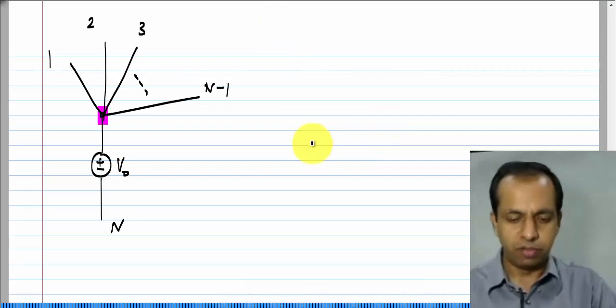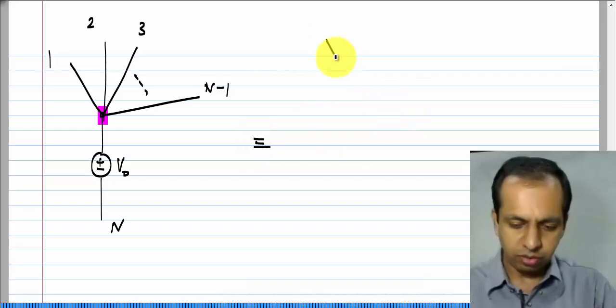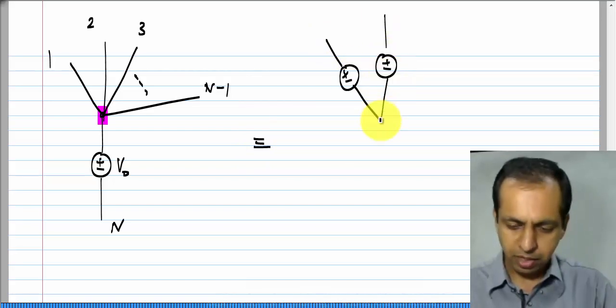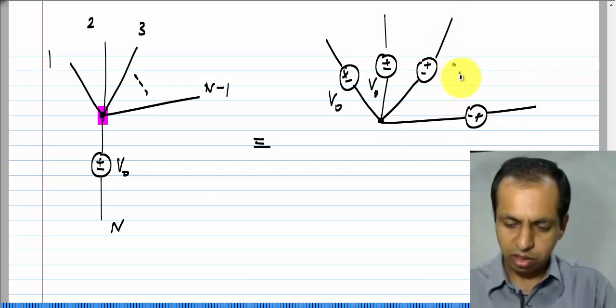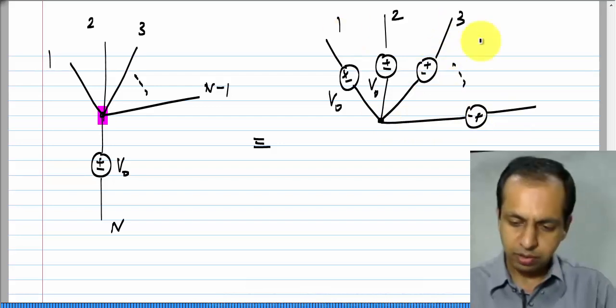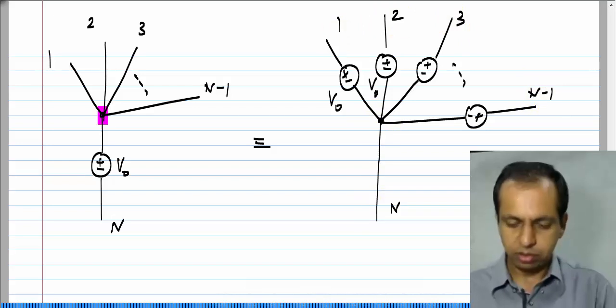Now, going backwards from how I reasoned out earlier, I will say that this is exactly equivalent to having a voltage source V naught in every one of these branches, other than this one.